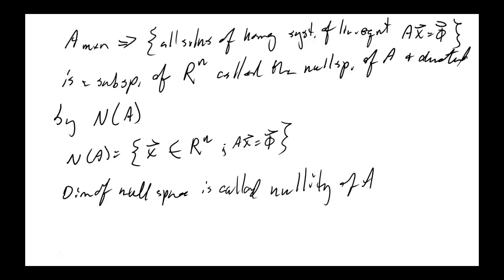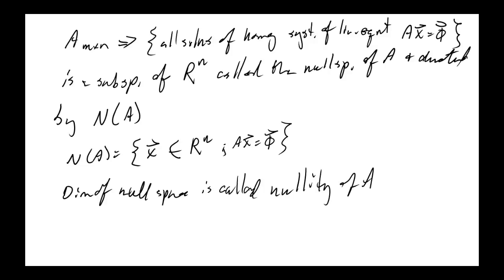Frankly, I think this is the only book that I've taught from that uses it. Certainly when I took linear algebra, we talked about null space. I don't remember talking about the nullity because the null space defines it perfectly fine. The dimension of the null space is the dimension of the null space. Why give it another name?